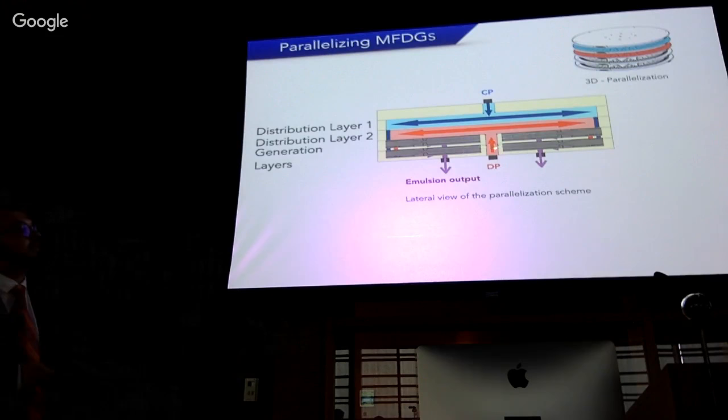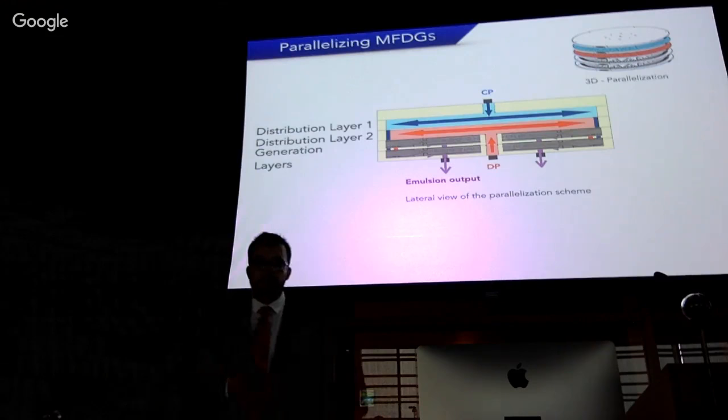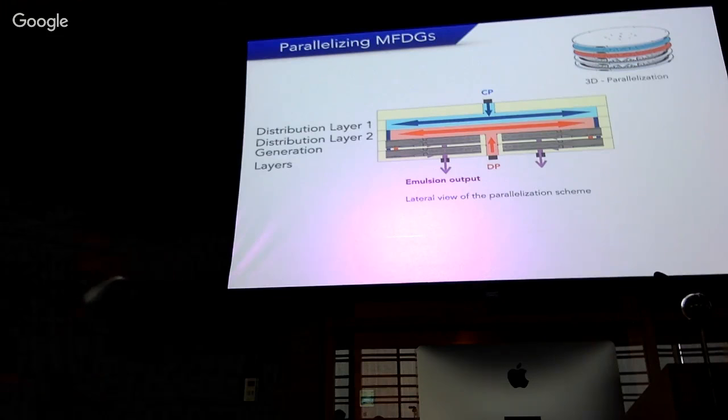So in this device, we have several layers. The one on top is just a cap layer, but then you have a dedicated distribution network for the continuous phase. Then you have a dedicated distribution network for the dispersed phase. And then you have a stack of generation layers. In this case, it's 2. So you can see them like here. This is how you can do it.